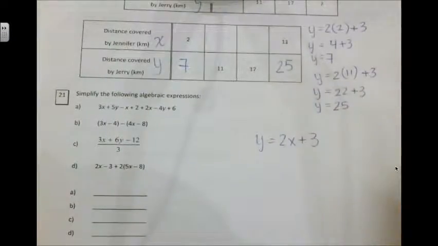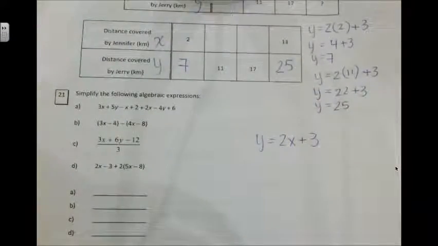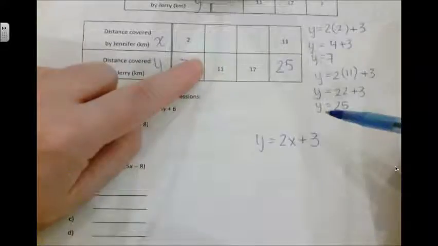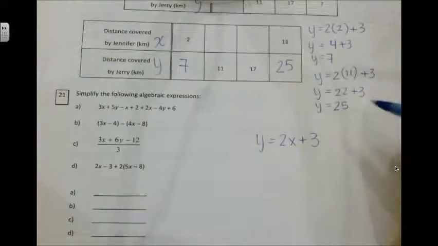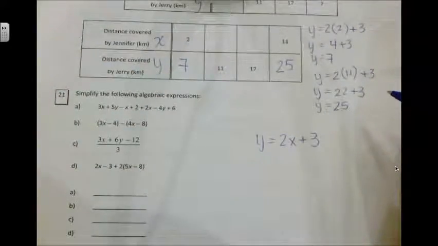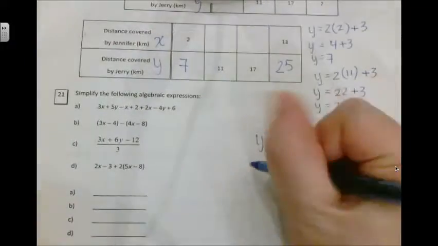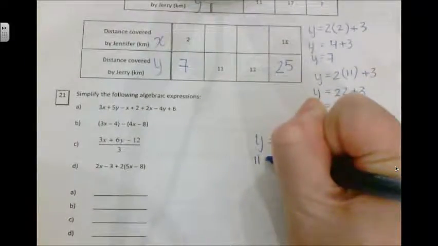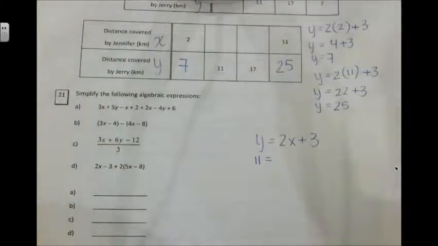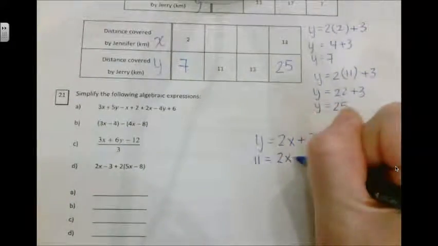But now instead of plugging into the X value, we're going to take these numbers and plug them into the Y value, because in this case we know the Y and we're trying to find the X. You do the same thing, it's just that there's a little bit more manipulation of the numbers. Where it says Y, I'm going to put 11 equals 2X plus 3.